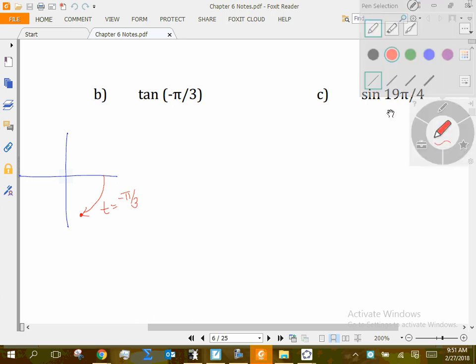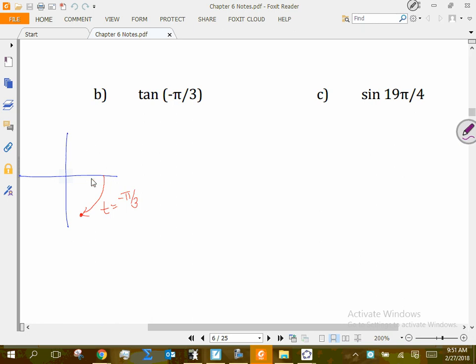What we talked about the last couple days is if I want to find this angle or find this ordered pair, call it point P, I need to know what the arc length to get back to the x-axis would be, right? Well, what would t bar be in this case? Yeah, it'd be pi over 3. I just retraced what I traced out the first time, right? Okay. So t bar is pi over 3.